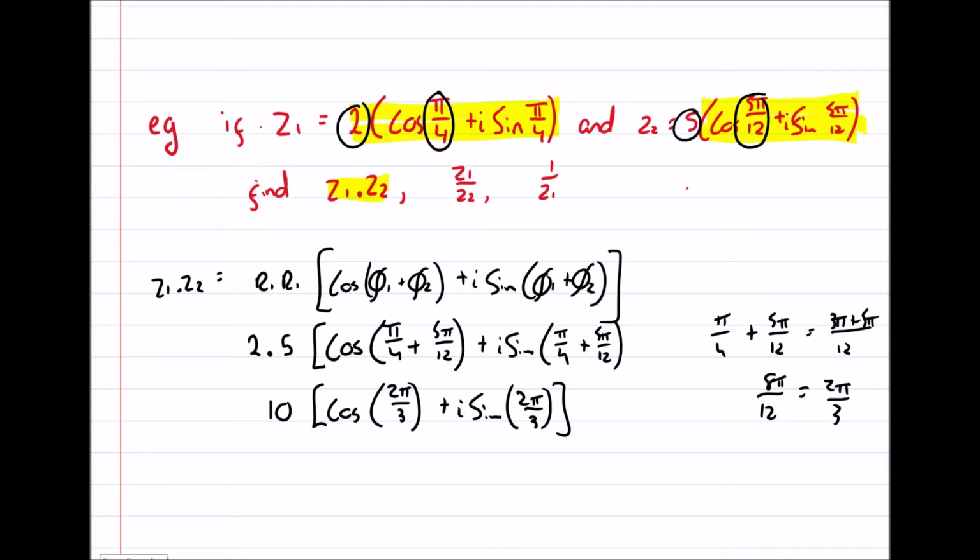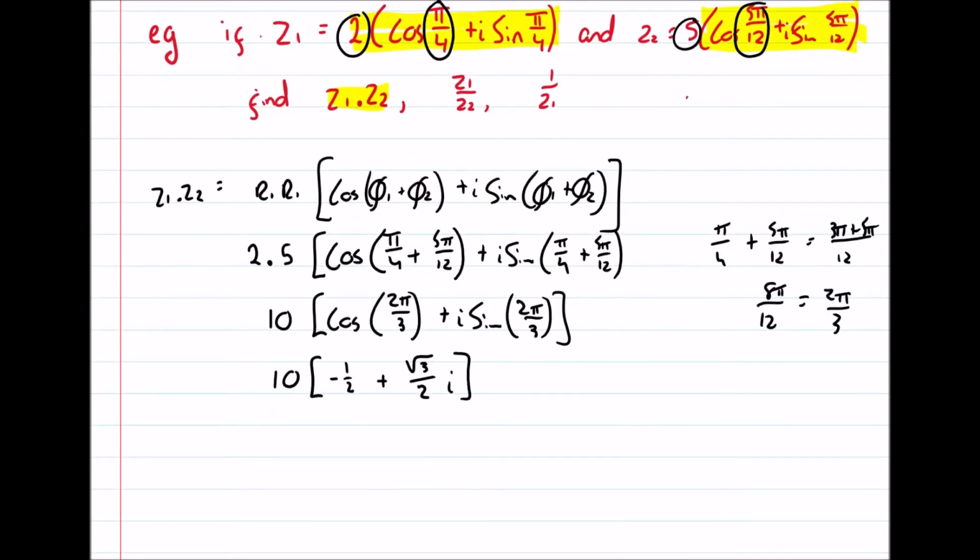If we want to change to rectangular form, we can just go 10, and cos 2 pi over 3 is minus a half, plus, and that is square root of 3 over 2 I. So that's changing into rectangular form.